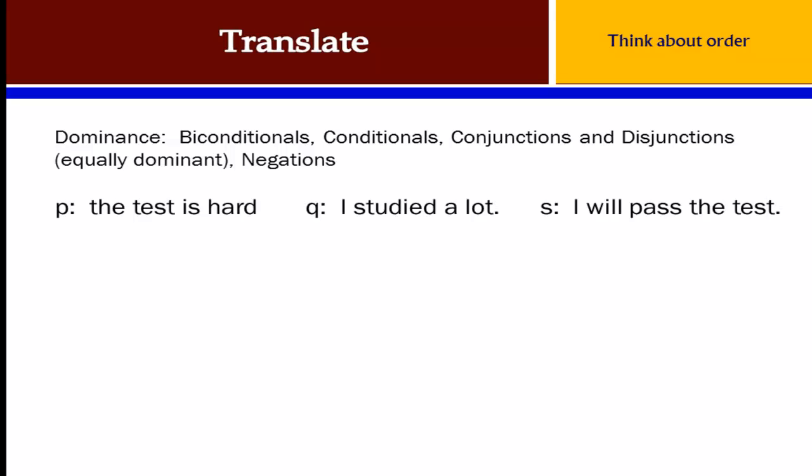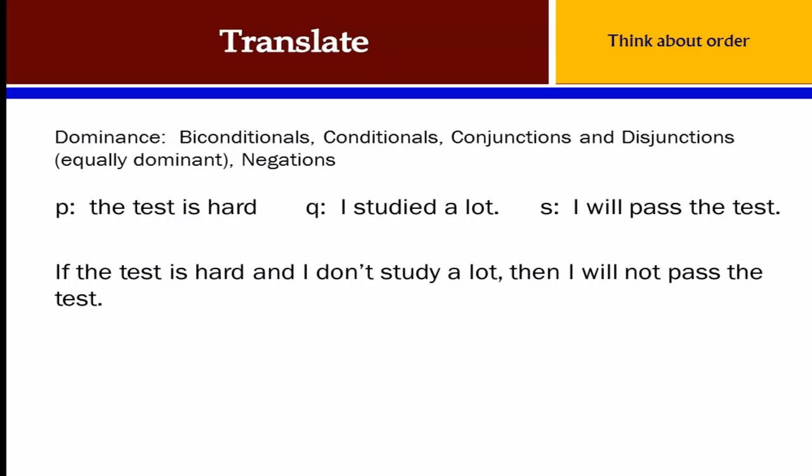3 statements. A verbal statement that we're going to translate to symbols. If the test is hard and I don't study a lot, then I will not pass the test. So we notice that our connectives are the if-then conditional and the conjunction and.